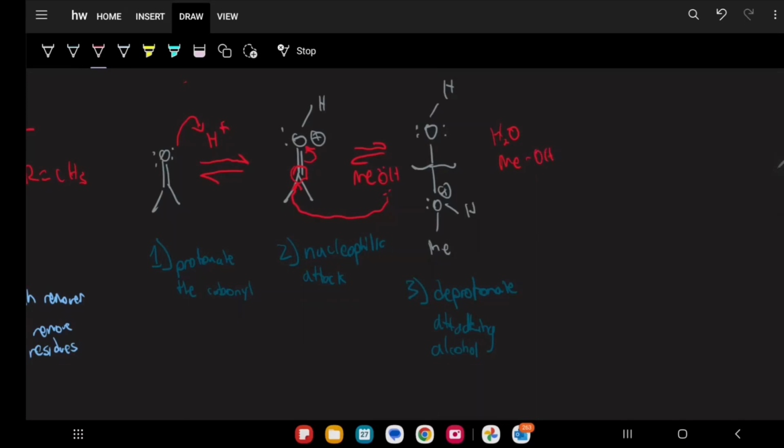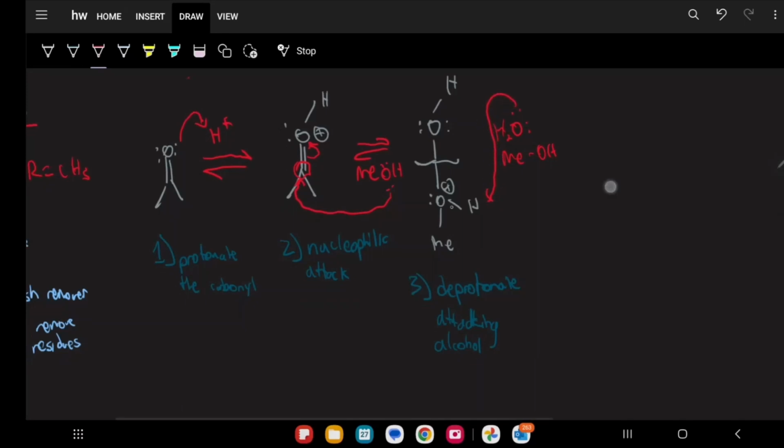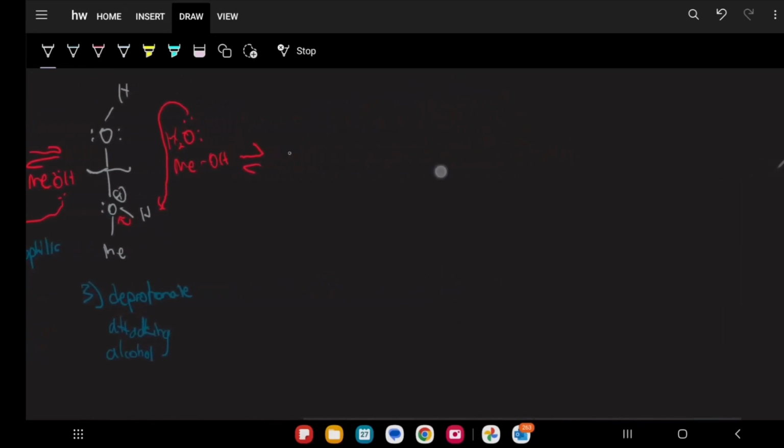So if we're using sulfuric acid, we can use HSO4 minus. So here I'll just use H2O. We'll just grab that H, and the electrons would move to the O to neutralize the oxygen. And then we'd be left with the alcohol up top. And now we have an OMe that's completely neutral.